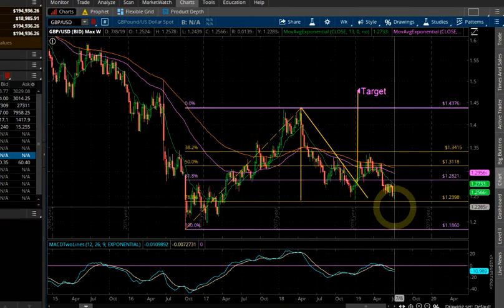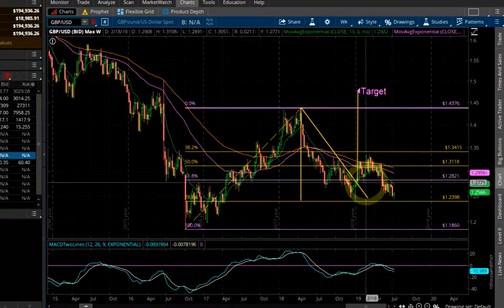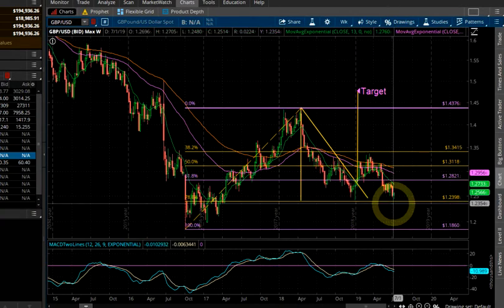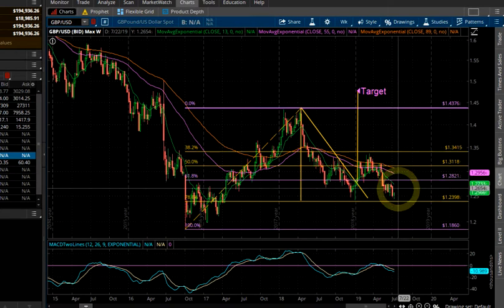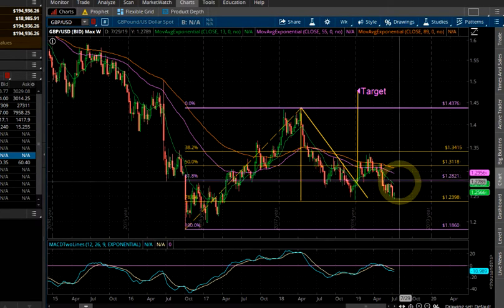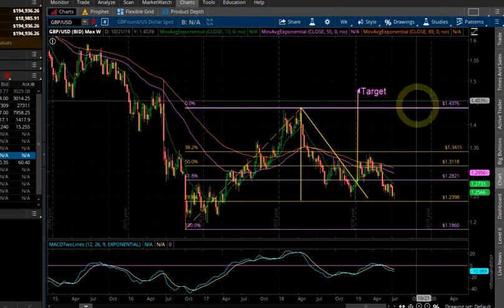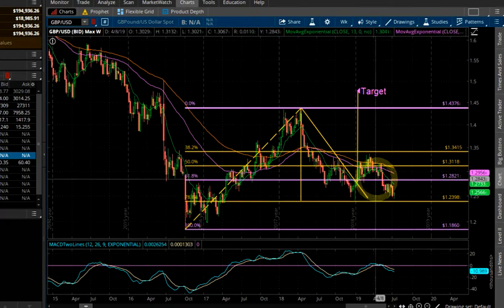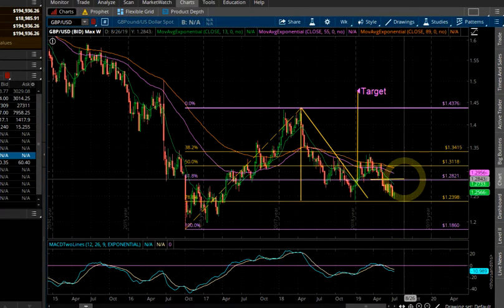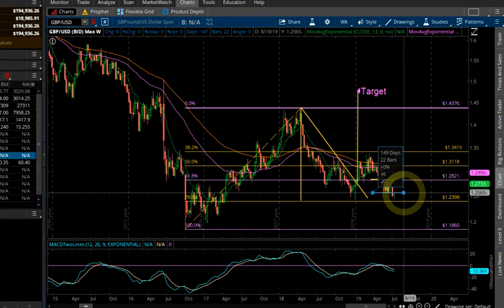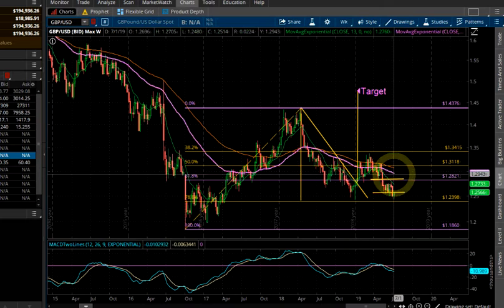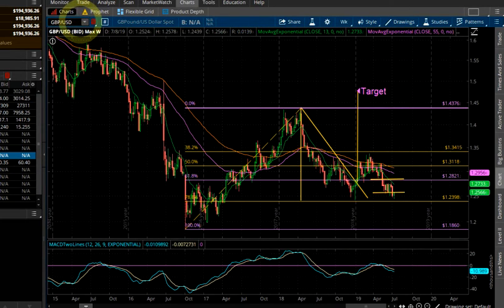So here's a little bit different looking. This could be more of the pullback. But I would say once we get some closes above this area right here, so let's just draw that. Drawing tools, let's have a line. Once you get above this area, you can kind of see there's a channel here. Once we break out of this channel to the upside, man, I think I might look at the British pound US dollar as well. Okay.